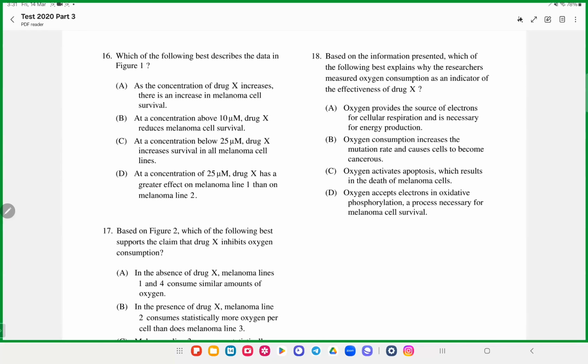18. Based on the information presented, which of the following best explains why the researchers measured oxygen consumption as an indicator? Guys, O2 consumption is important.